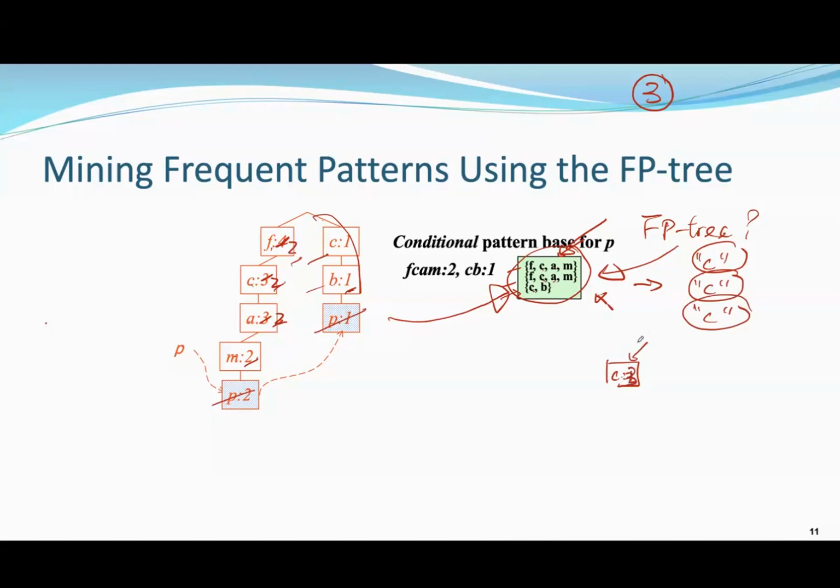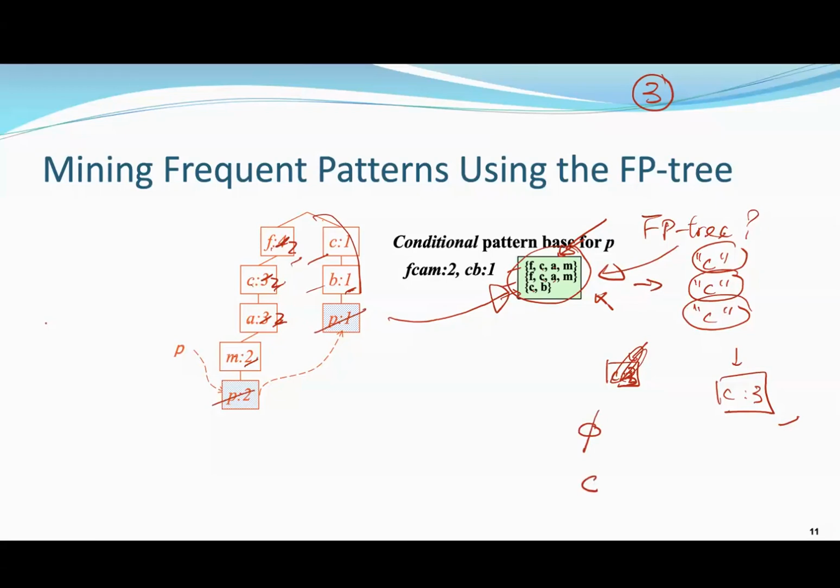So eventually the tree that you get is just this, right? And now there's only one path in the database, and so that's the base case. The possible patterns that you can obtain from it would be all the possible subsets of the items here, which include the empty set and C.